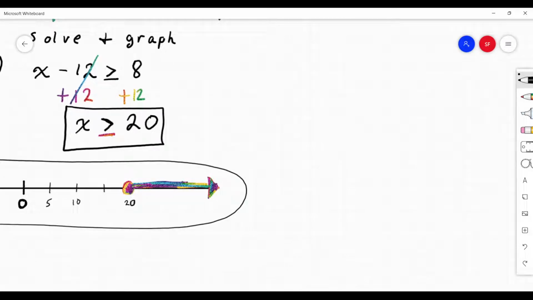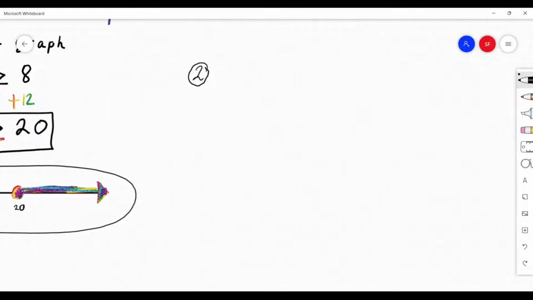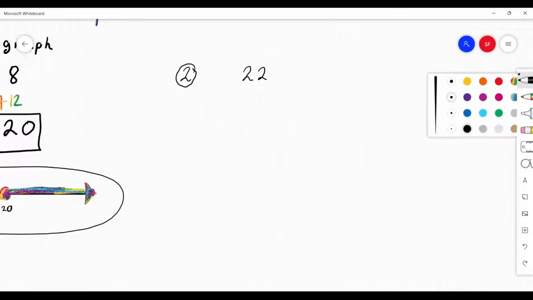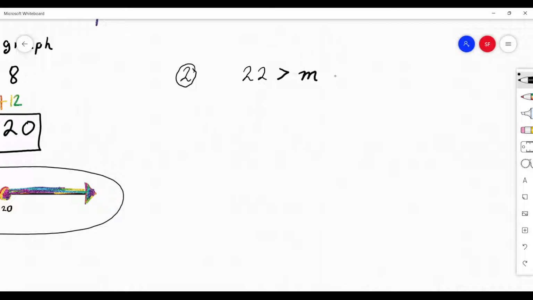Another example. So number 2. I don't understand the whole circle. Let's do another example, see if it clears it up for you. Let's do 22 is greater than m minus 8.